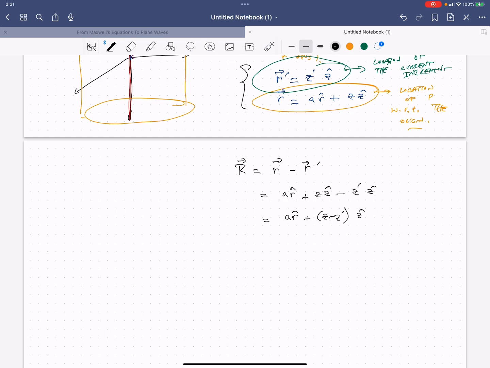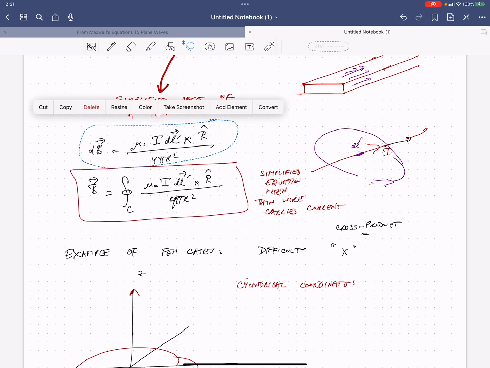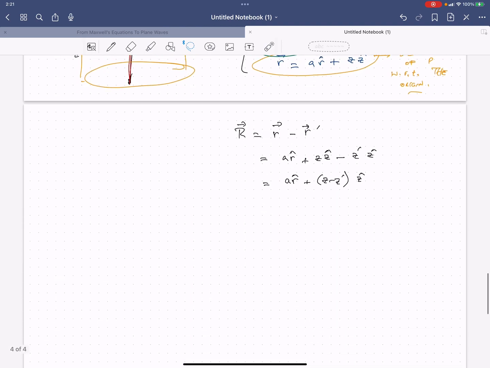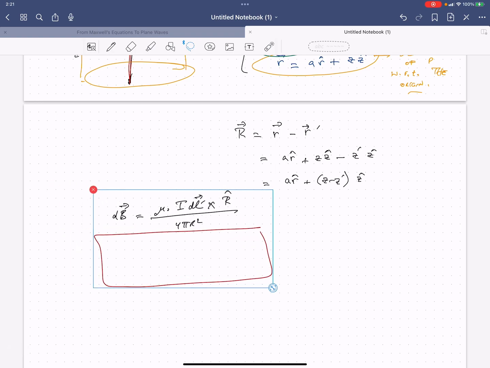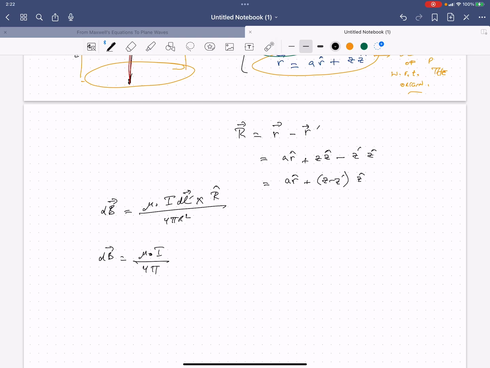Okay, so now if I use this, I'm going to copy this over. So let me plug in the values. So dB is mu naught I over 4 pi, and then it's dz prime z hat.